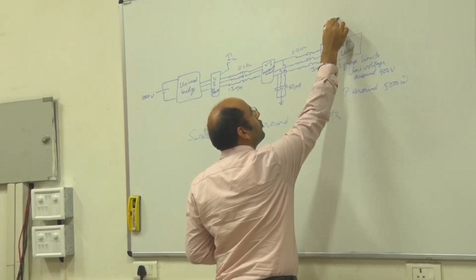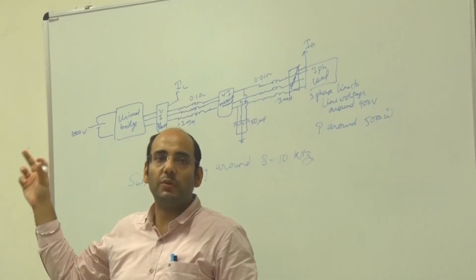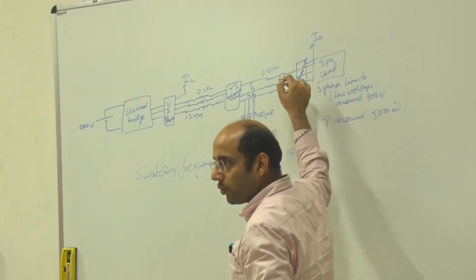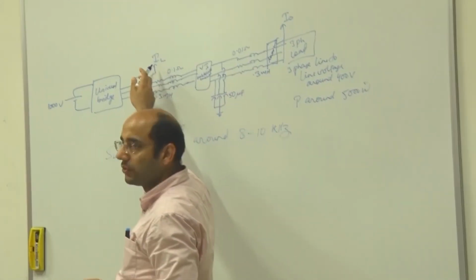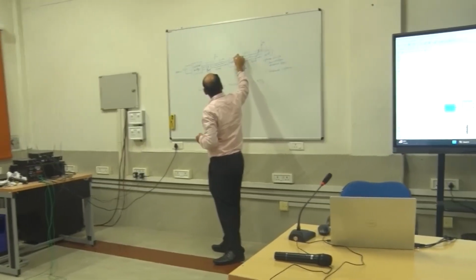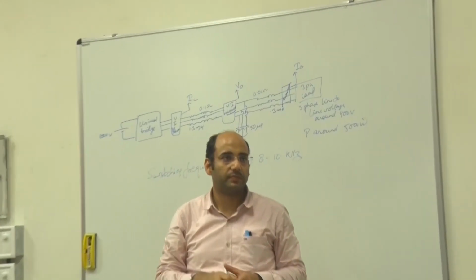And this current is the output current, IO. The output current multiplied by the voltage will be your power. So for power calculation, active and reactive power calculation, you use IO. For control purposes, we use IL. And the voltage from here is VO, the output voltage.